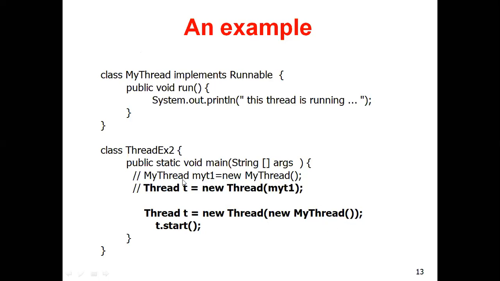Instead of passing an object name, we are just passing a constructor of our class. That's it. Via that thread, we are calling the start method. Start in turn calls run. What is in run? This thread is running. This is a little tricky, you have to remember. Either that way or this way you can write.